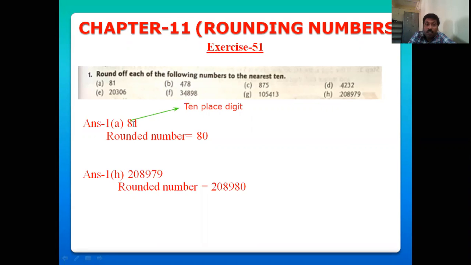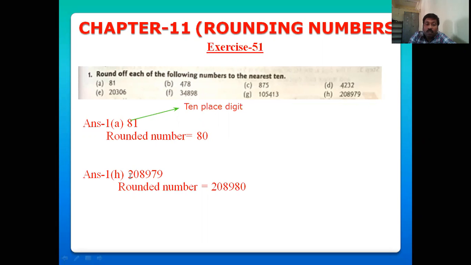If the next number is less than 5, then we will write 8 as it is and insert a 0 for the digit after the 8. Here there is one digit, so we will write one 0. So the rounded number is 80.